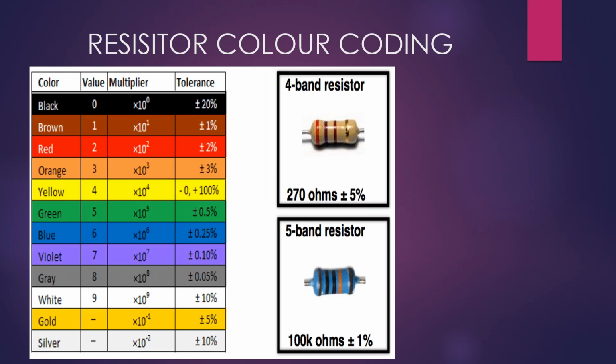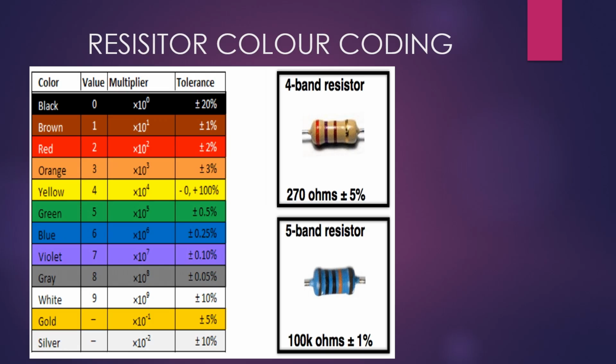Now let's talk about selecting your resistors. You have your resistor pack, or your component pack, and you want to use a certain resistor, but you don't know the value of that resistor, or you know the value of that resistor, but you don't know how it looks. That's where resistor color coding comes in.